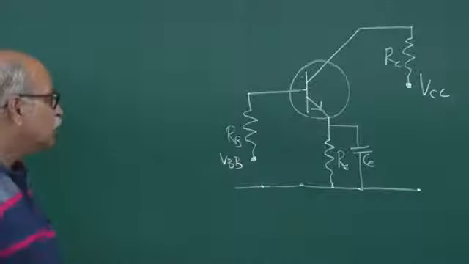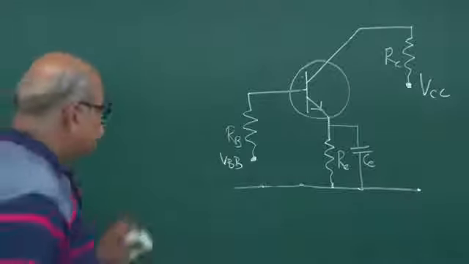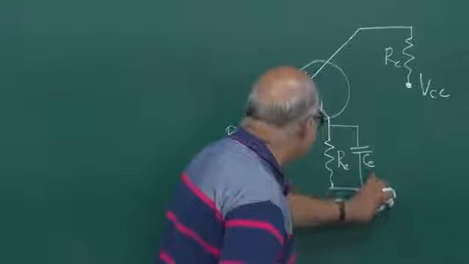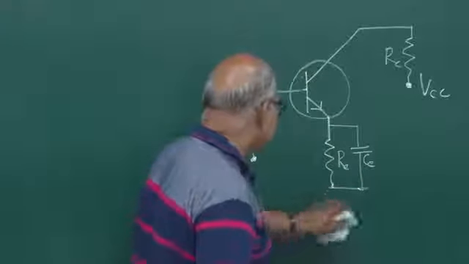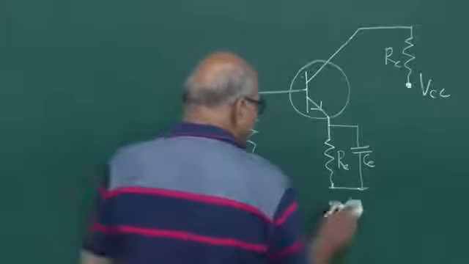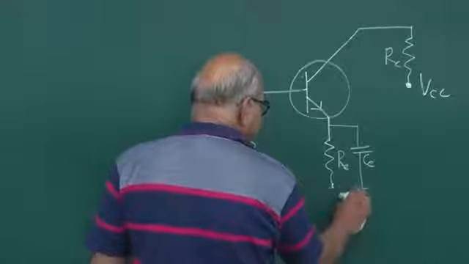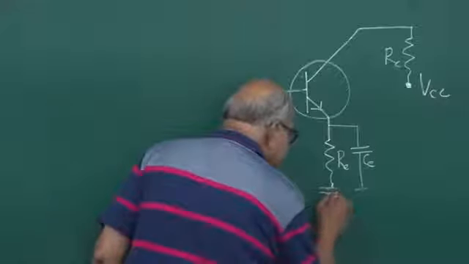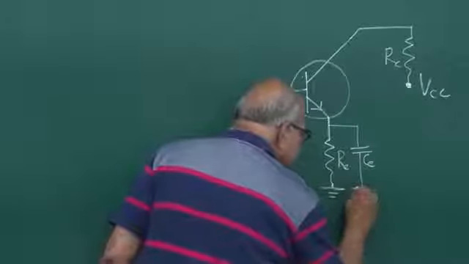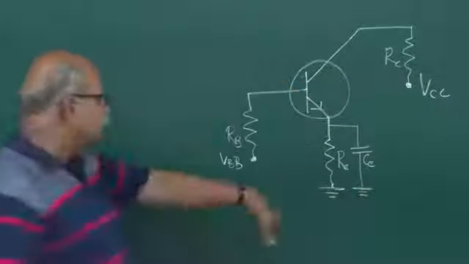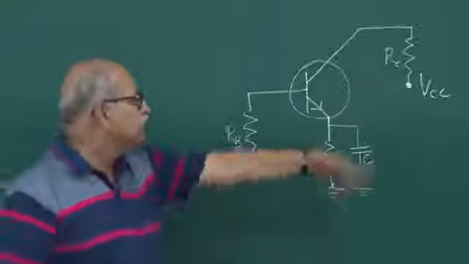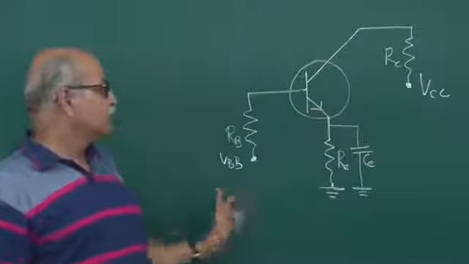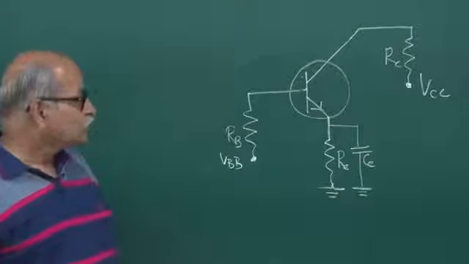And then you can remove this ground line also, and these things which are connected to ground you can remove, and you can put a ground symbol here. Wherever there is a zero potential point, you can put this symbol anywhere in the whole circuit, and we know that it is connected to this line. So this is one thing.